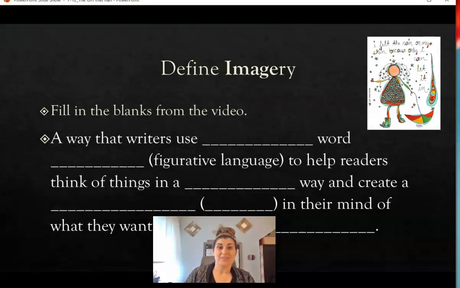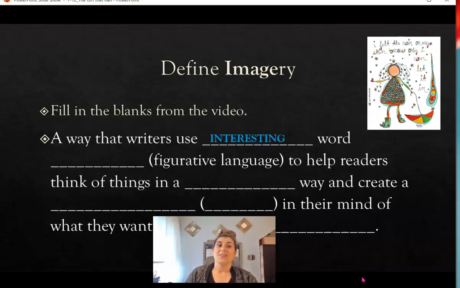All right, so at this point, you should have either opened in Schoology or you should have the paper copy of your graphic organizer. The first thing on the graphic organizer is the working definition that we're going to have for imagery. Please go ahead and fill in the blanks as they appear on the screen.